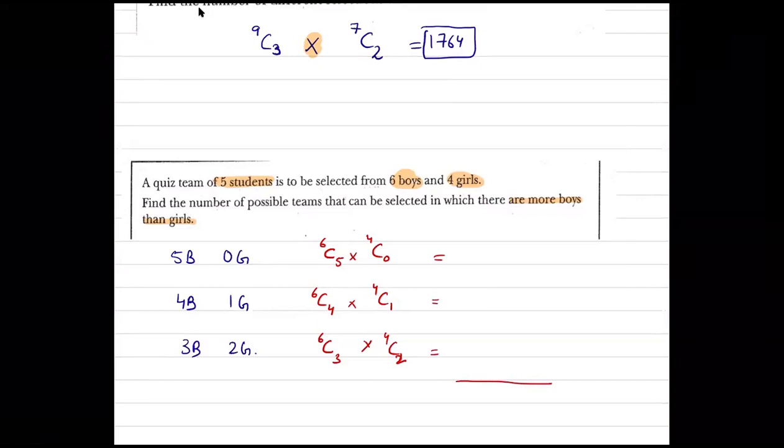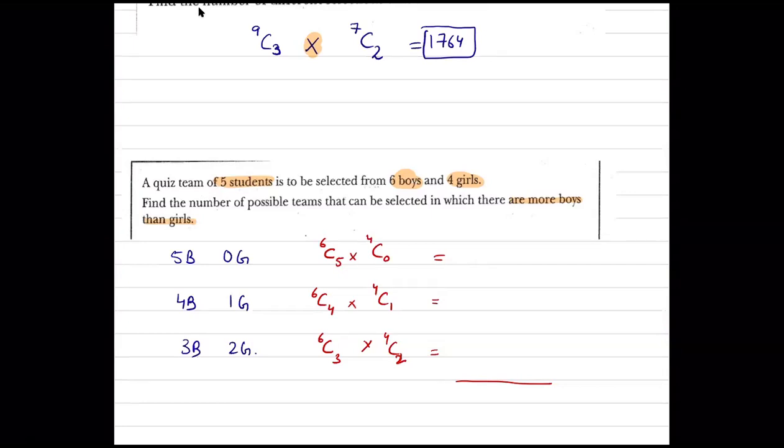So 6C5 times 4C0 comes out to be, I'll just calculate. It's 186.